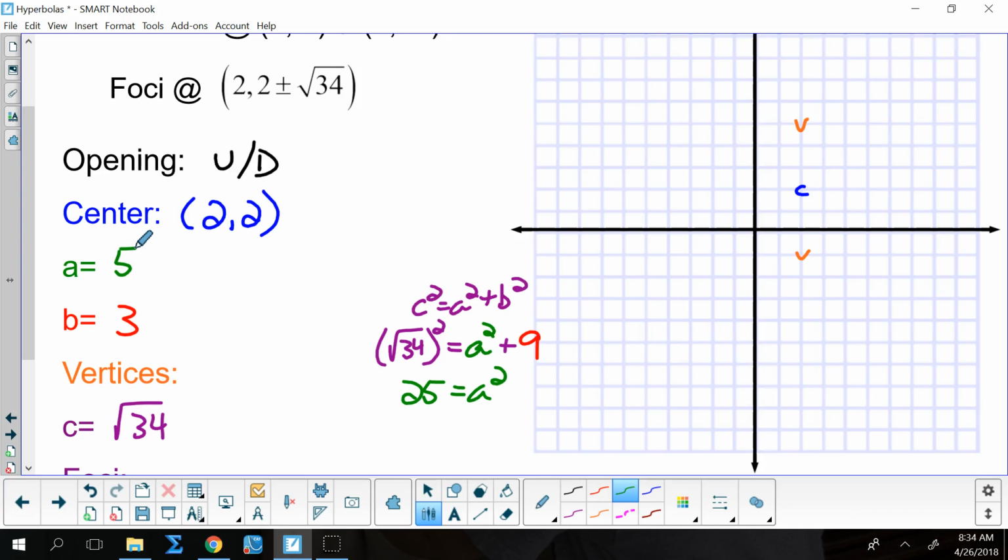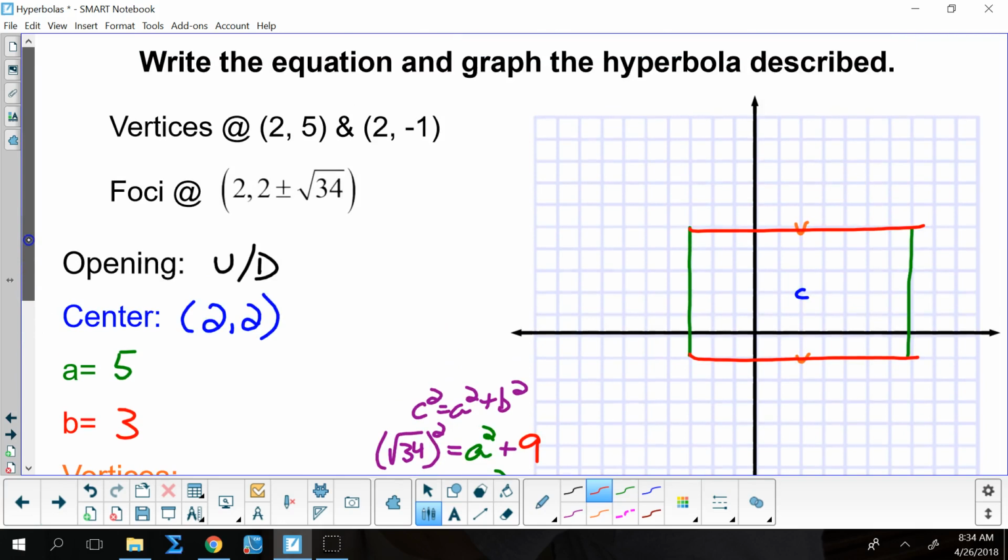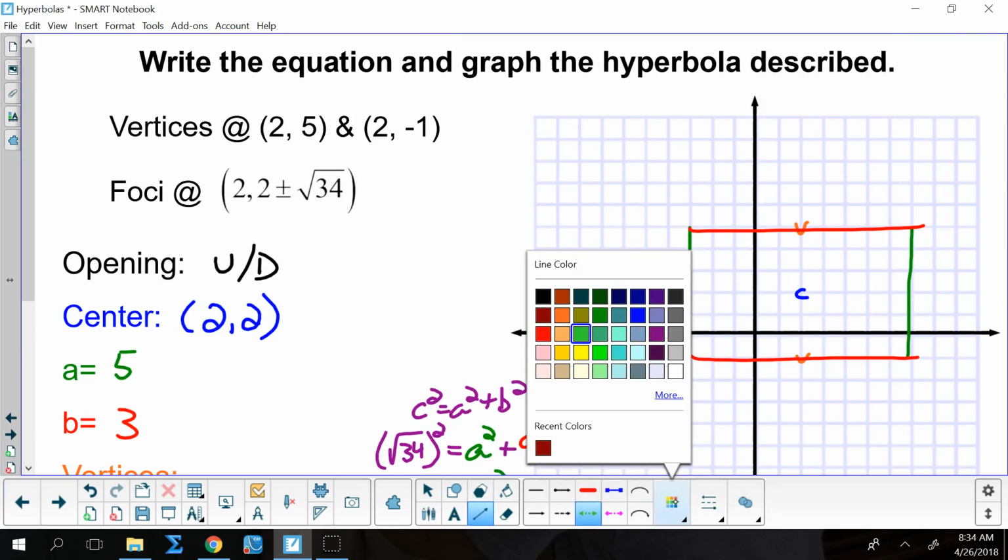1, 2, 3, 4, and 5. So my left wall and right wall are right there. We'll quick throw in some asymptotes and then we'll find them later.